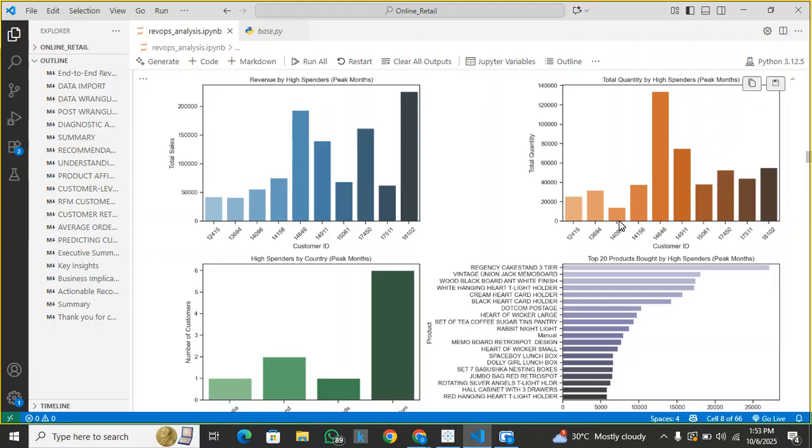And then, yes, there are some within them that might be buying, but might not be buying in large quantity. Customer 14096 spent above £50,000, but his order volume, that is the quantity ordered, is less than 20,000.